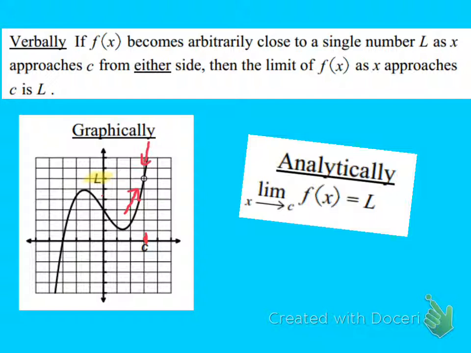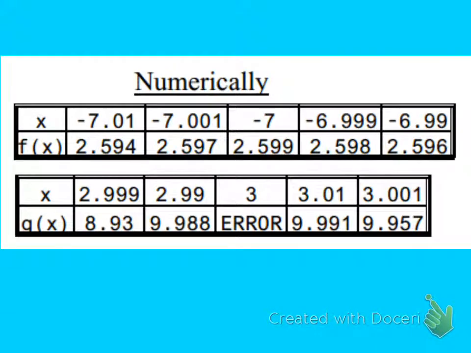So I want to know, as we are approaching this C value, what L value do I get as we approach from the left and the right? Analytically, this is the way that we write the setup for a limit. This is what you've seen in class.